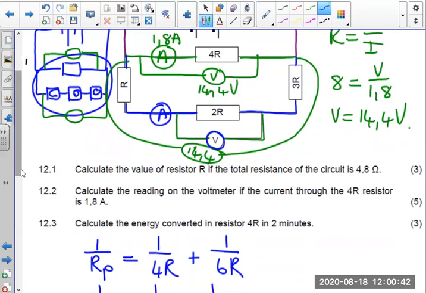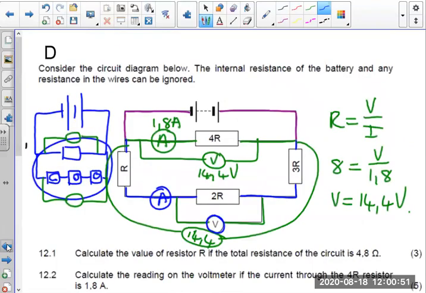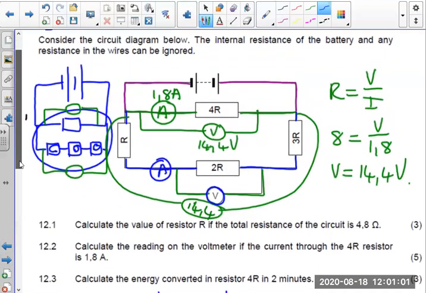So I'm going to use R equals V over I. The voltage I have, because the voltage is the 14.4, so I'm going to substitute in 14.4. I want the current. The resistance, now let's go back. Can you see the resistance is R plus 2R plus 3R, which is going to give us a total of 6R.